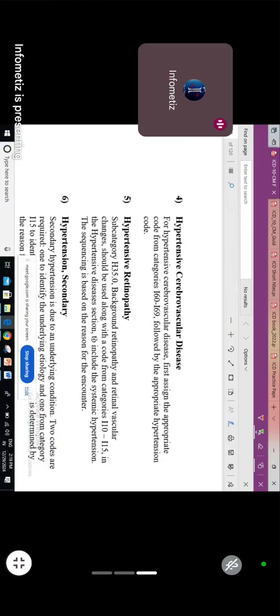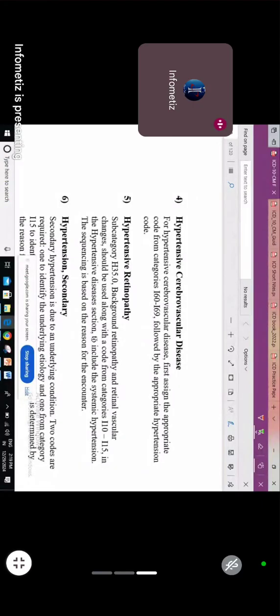Hypertensive cerebrovascular disease. What is cerebrovascular? Brain. Cerebro means brain, vascular means vessels, so vessels of the brain. So if the patient has any disease of the brain blood vessels which is because of hypertension.